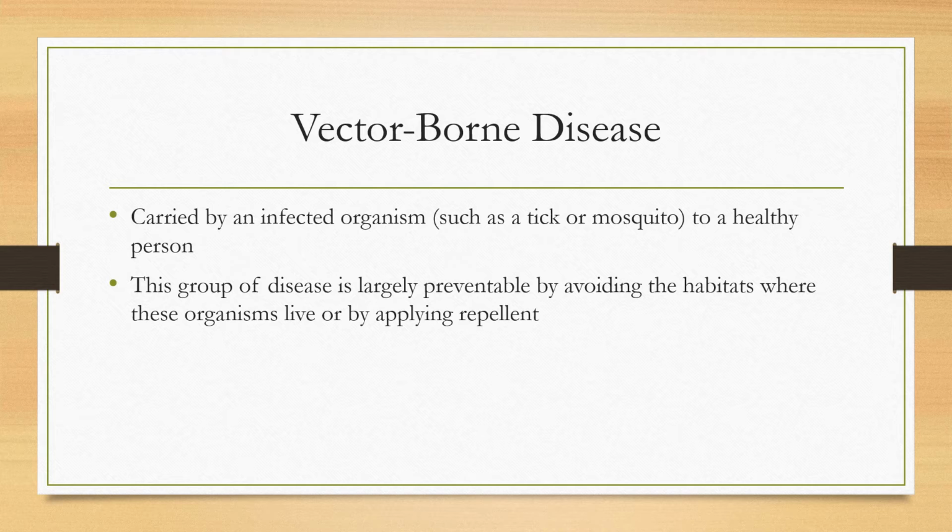We're going to talk about ticks specifically, but it could also be, like in one of the areas around where I live, the bats have rabies, and so you want to obviously avoid times of night where the bats are out. You also think about mosquitoes and West Nile virus and just the different diseases that these species can carry.